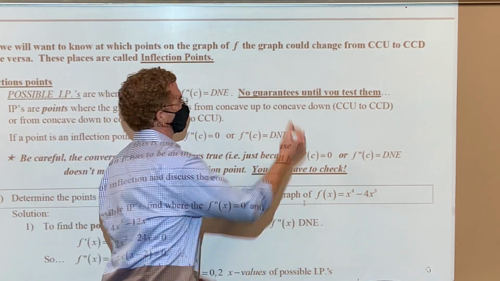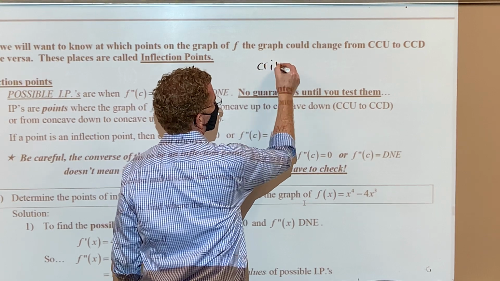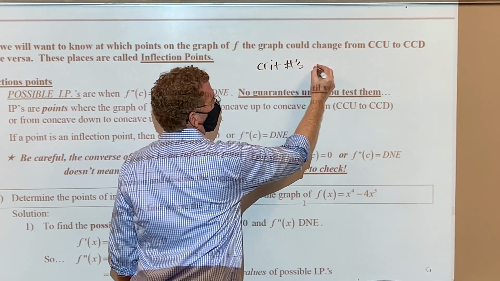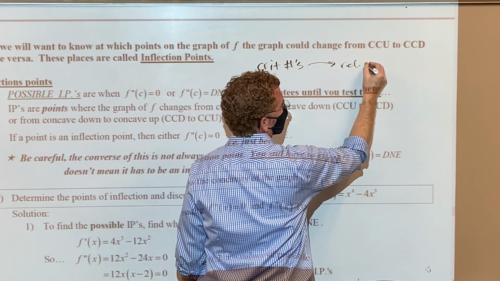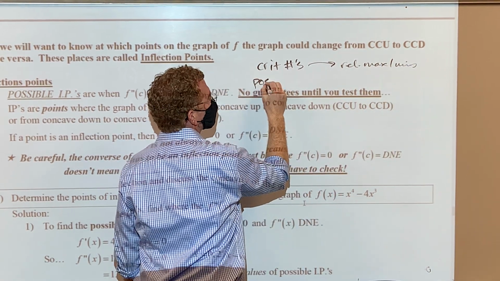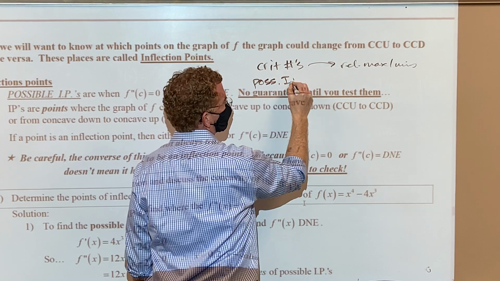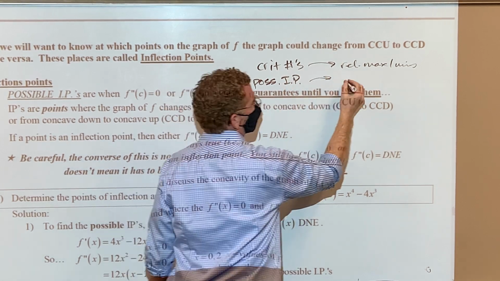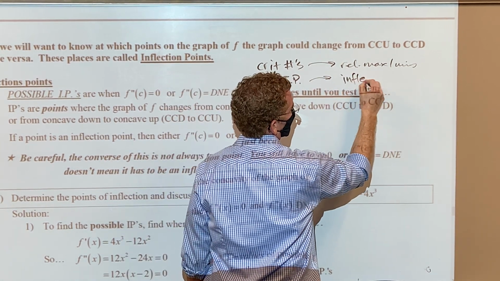So critical numbers, you might want to write this down. Critical numbers are what I use to find relative maxes and mins. Well, possible inflection points are what I use to find inflection points.